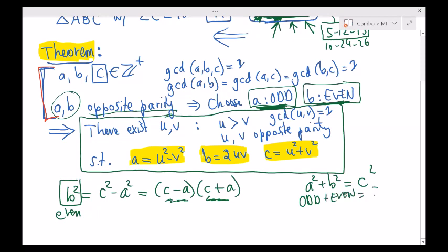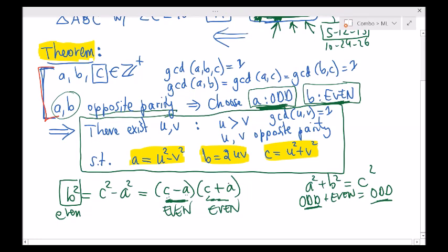So as a result, c will be also even, right? Oh, sorry, what am I saying here? This is odd as well, sorry. Because c is odd and a is odd, this side is even, this side is even. One thing for sure, c minus a and c plus a have a common factor of 2.